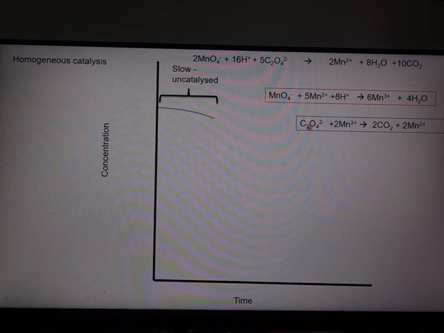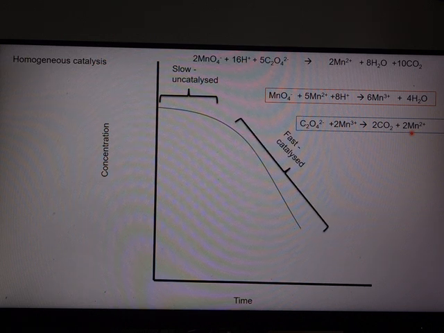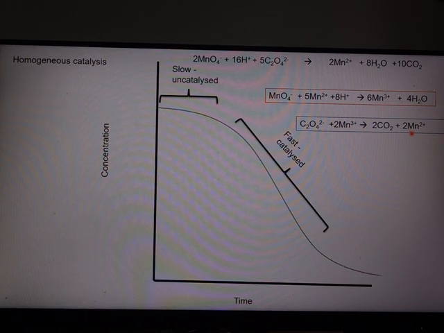Mn3 plus reacts with oxalate to form Mn2 plus. So the rate of reaction increases because the concentration of the catalyst increases. More products are made, more catalysts are made, more catalysts are made, more products are made, until you run out of reactants. Okay, so that's the profile. Thank you.